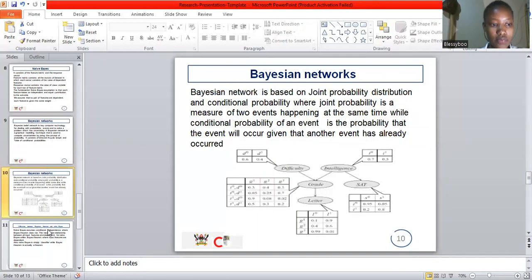And then we have Bayesian networks right here.